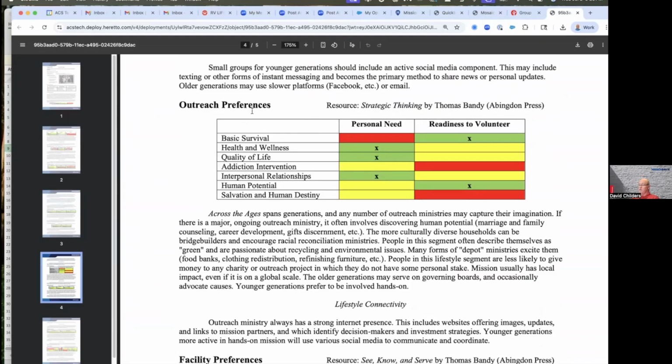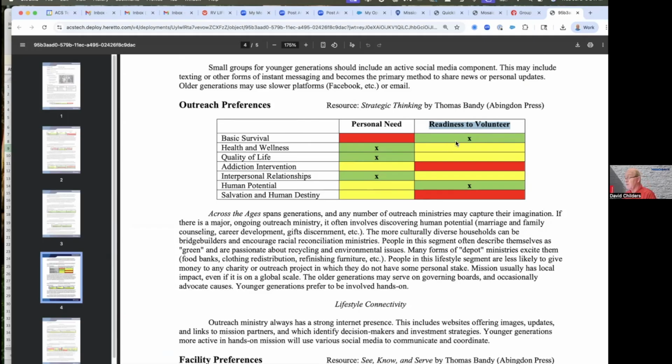What are their personal needs and what might get them to volunteer in their community? If it's about health and wellness, quality of life, human potential, or interpersonal relationships, those are important for personal care and readiness to volunteer. With basic survival and human potential, they'll jump on opportunities to volunteer, maybe not openly volunteering for anything and everything, but give them topics about basic survival.